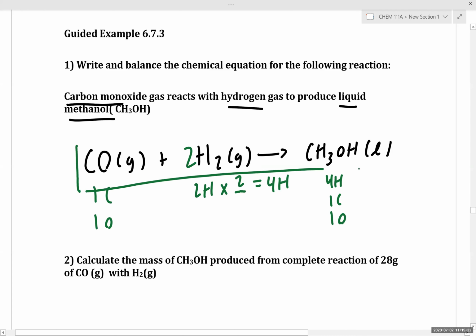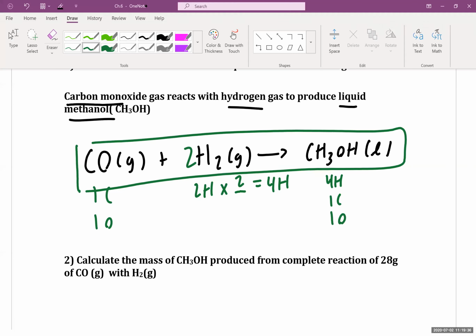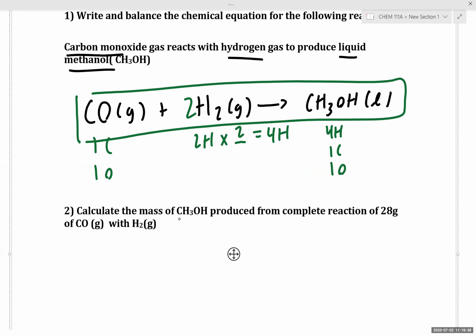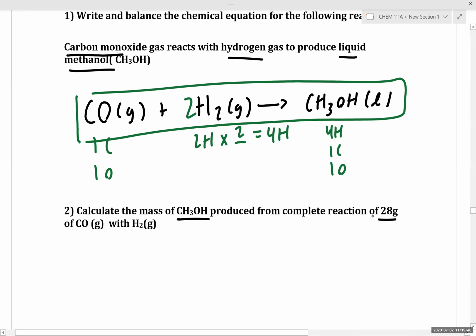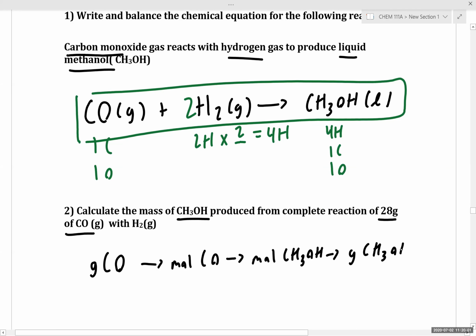So now we have our complete balanced chemical equation, and now we're ready to calculate the mass of methanol produced when 28 grams of carbon monoxide reacts. So we're going from grams of carbon monoxide to moles of carbon monoxide, to moles of methanol, to grams of methanol.